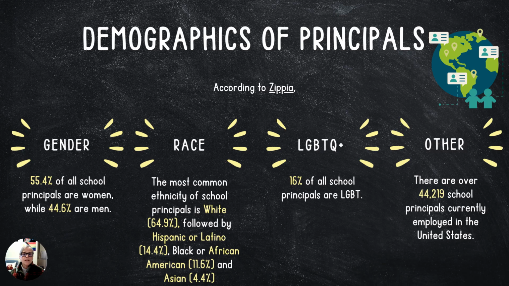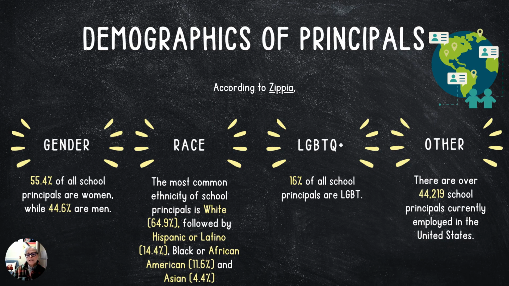So what percentage of principals are Black, white, Indigenous, Alaska Native, Hispanic. So you're going to do that breakdown. And you'll notice that she actually includes the citation in there, which is what you should do too. So she used Zippia. That was a pretty common source for this information.